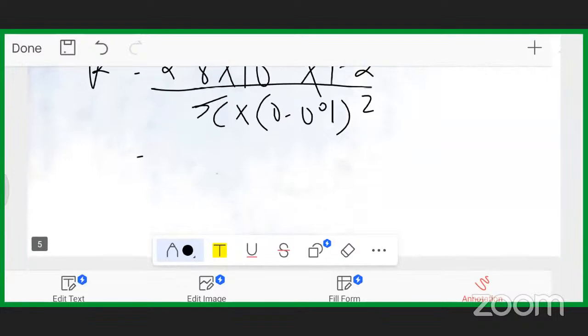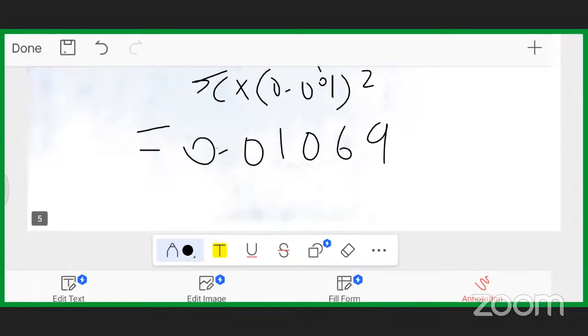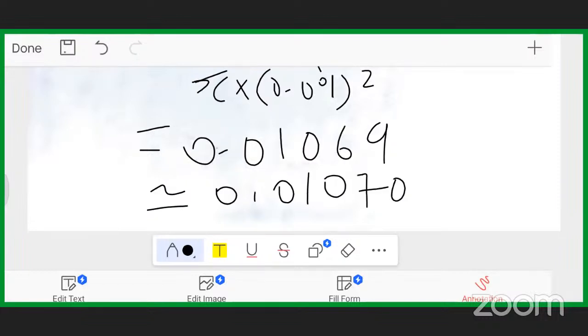I hope you did the correct computation. If you do that correctly, you will get the same value there, 0.01069 ohms, or for those who want to round off. So you can practice more on that.